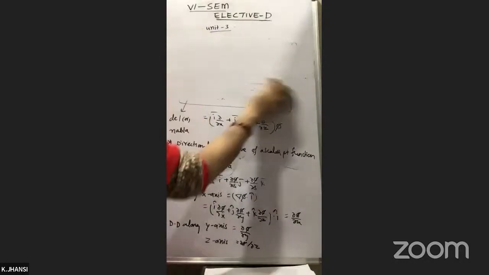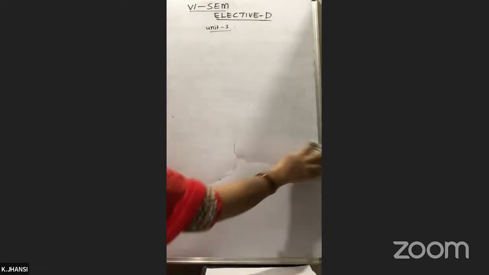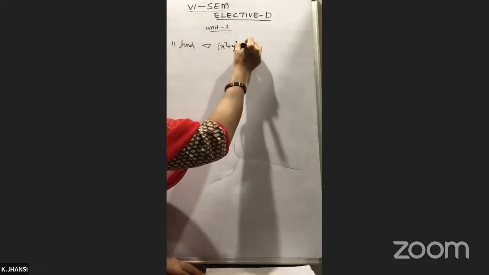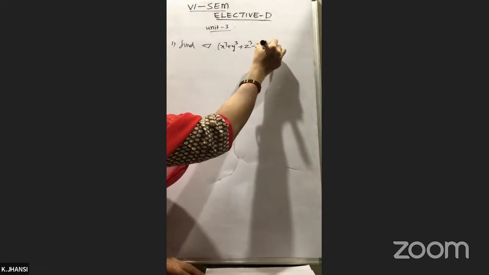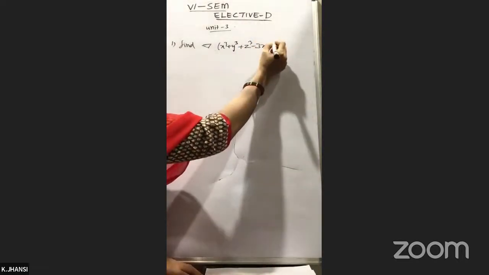So one example we are seeing is the gradient of a function. First one, find del of x cube plus y cube plus z cube minus 3xyz. So how is the gradient defined?